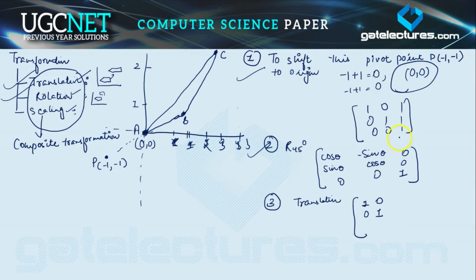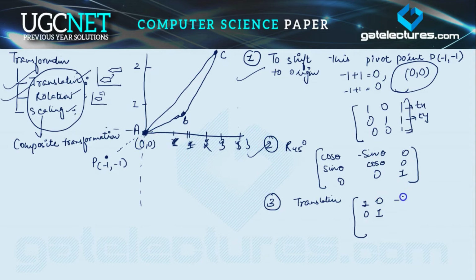This is a translation matrix and in this case this is tx, this is ty. The 0 0 1 is used for homogeneous coordinates because there are 3 coordinates, so that's why I make it into a 3 by 3 matrix. Now this is tx and this is ty because I added +1 and +1 so that the point could be converted to the origin. But in this case now I want this point back to this position. Now what will I have to do? I will have to add -1 and -1 to this origin.